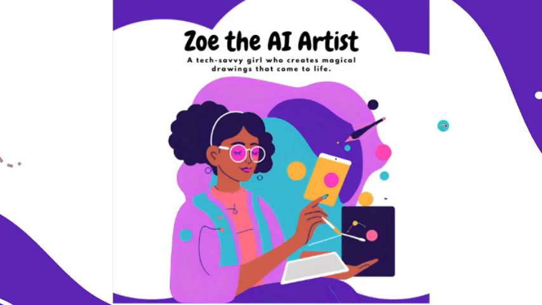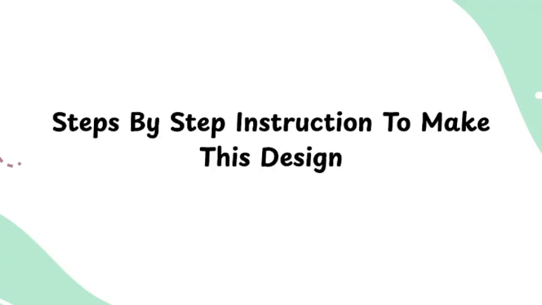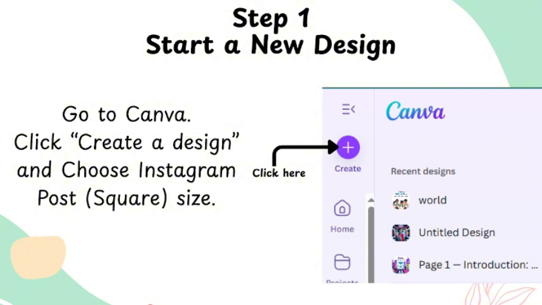But before we start, let's run down through the steps that we're going to follow in order to make this design come to life. The first step, like you should know by now, is to create a new design. You have to have a document size for our canvas, so we're going to use Instagram post square size.